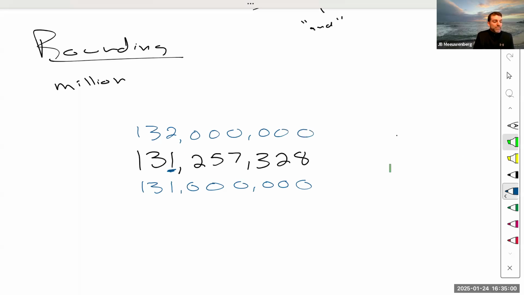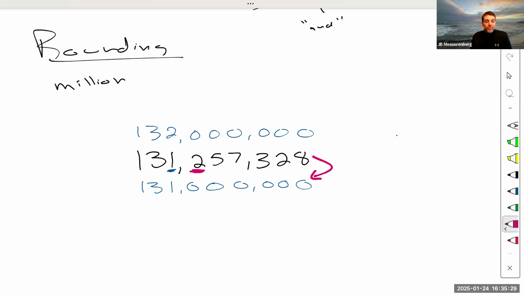So these would be the millions above and below. And really your job is then to say, well, which one is it closer to? And hopefully you'll see that this is closer to 131 million. And often we can tell by what that very next place value is, that next digit in the 100,000th place, because this is 2, well, we're less than halfway to 132 million.